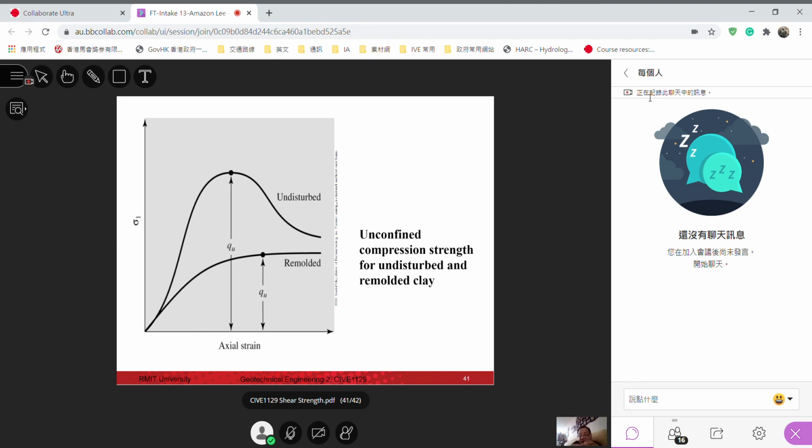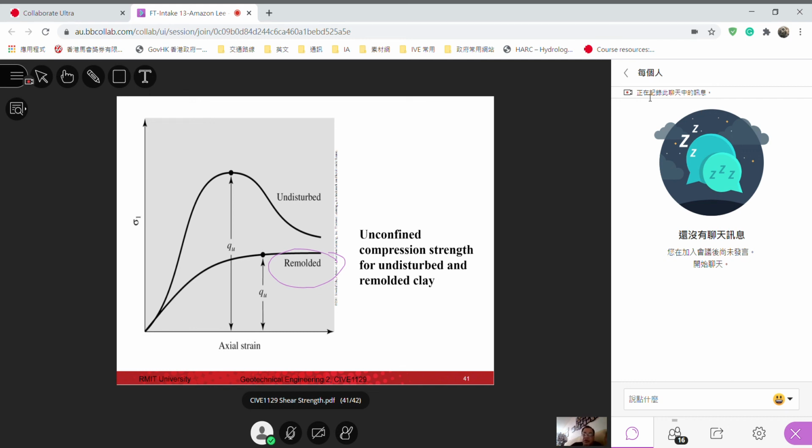Now, every time we take the soil sample out from site investigation, our drilling, our sampling procedure, we're taking it away from the ground, we bring it to the lab and mount it in the triaxial apparatus. All this will cause the soil to remold. Remold means we cause a certain degree of disturbance to the fabric of the soil. Okay, so it will change the structuring response.